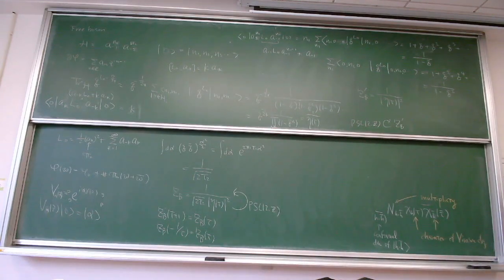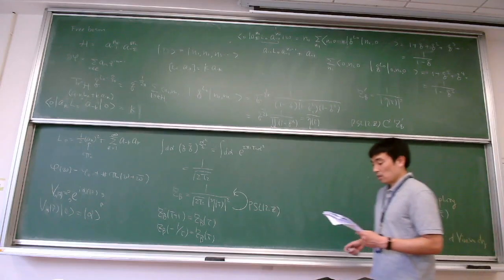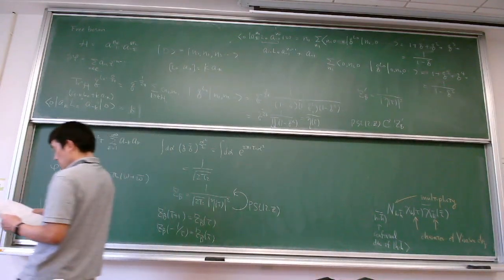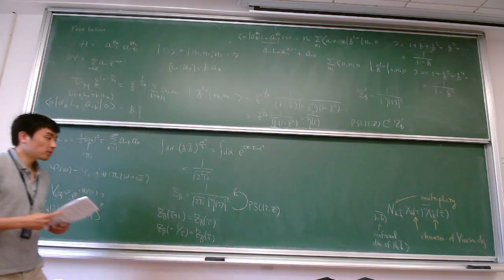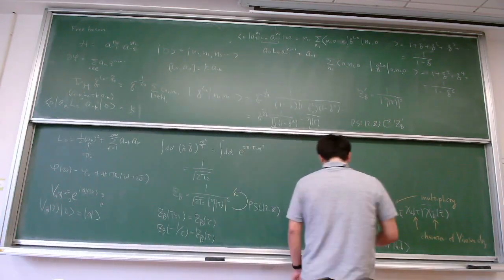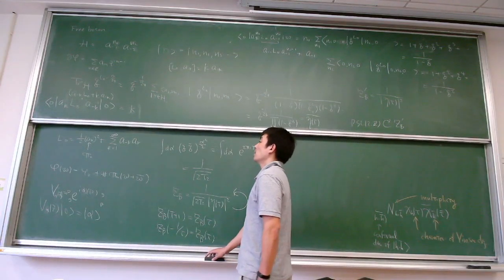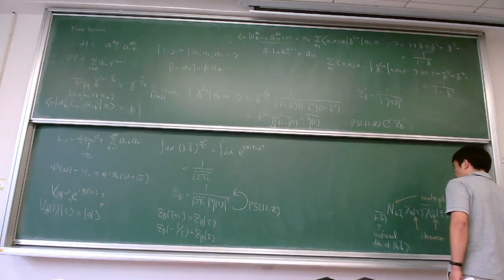Okay, so that's the torus partition function of the free bosons. Now, this can be understood as phi being a nonlinear sigma model. This is called a nonlinear sigma model.